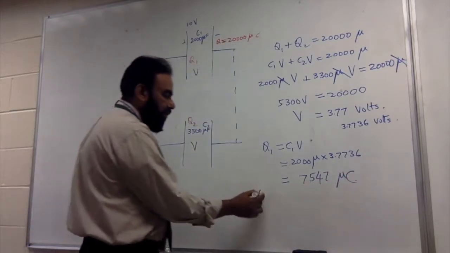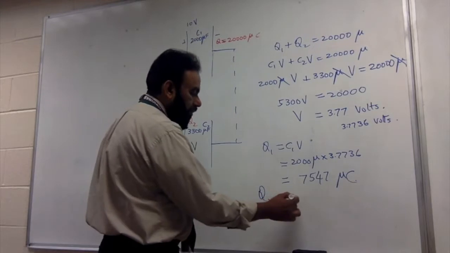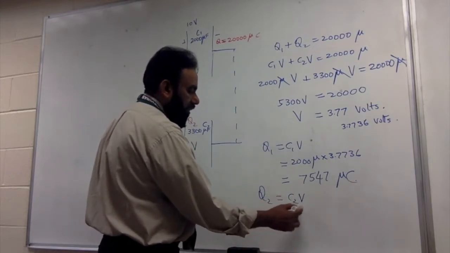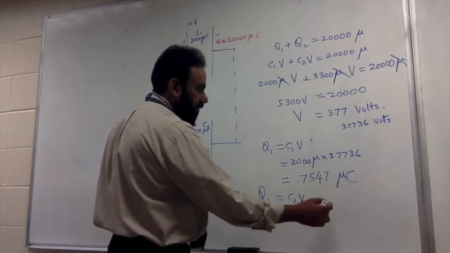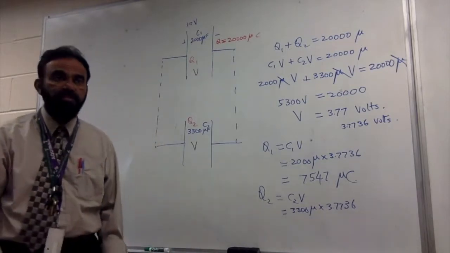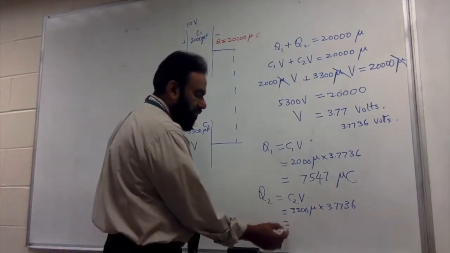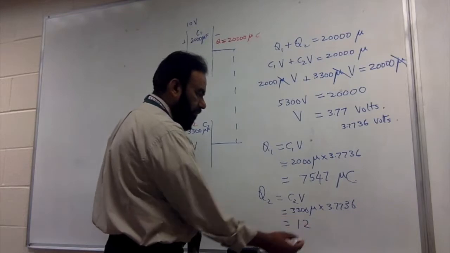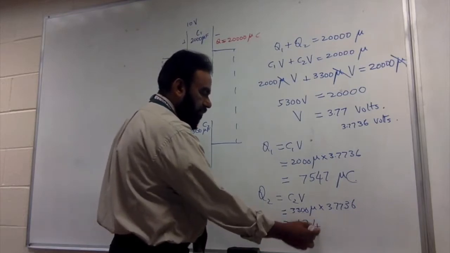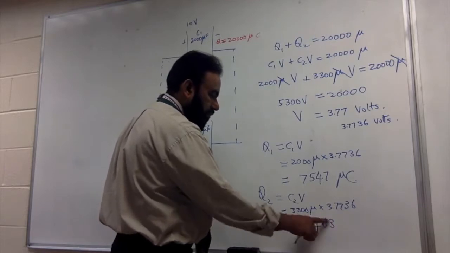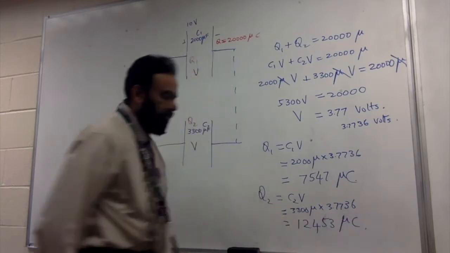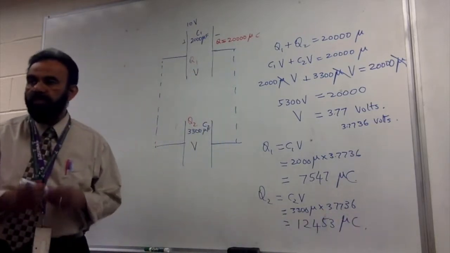Now you can find Q2. How much is remaining on Q2? C2V, which is 3,300 micro times 3.7736, because that also has the same potential difference, and that comes out to 12,400, approximately.